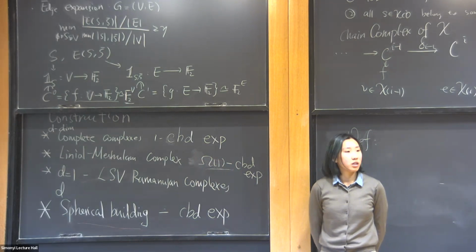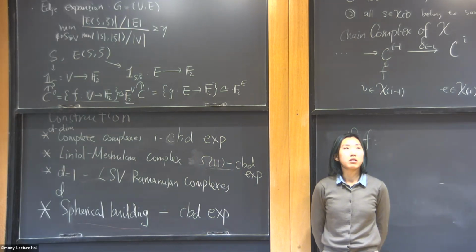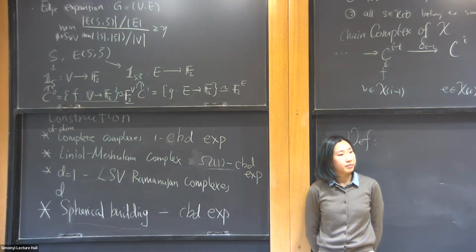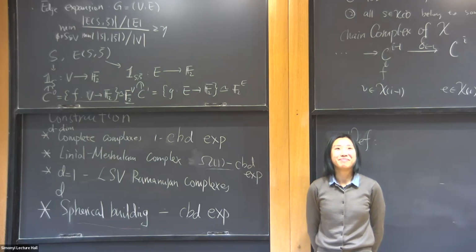And also, I guess, you mentioned that they are unrelated. In the zero-dimensional case, in graphs, we have the Cheeger inequality, so we know that edge expansion is, up to polynomial, the same as the eigenvalue gap. Whereas we don't know this for higher dimensions.